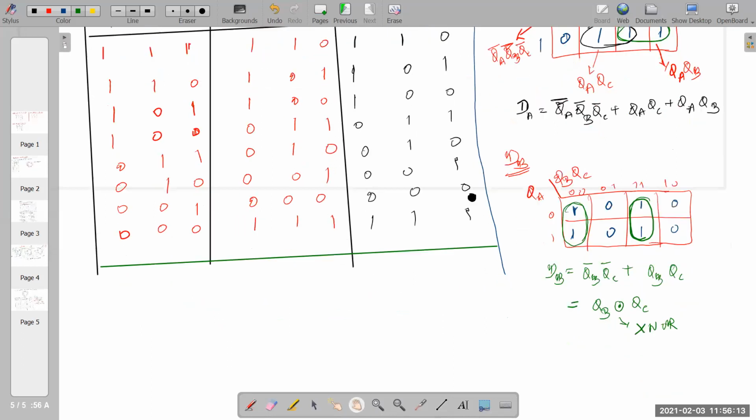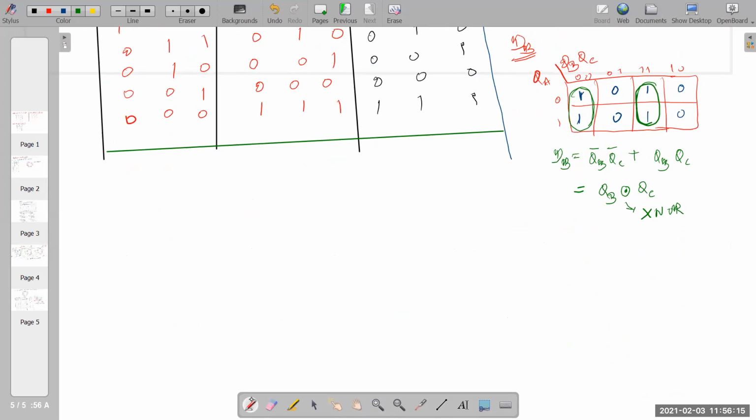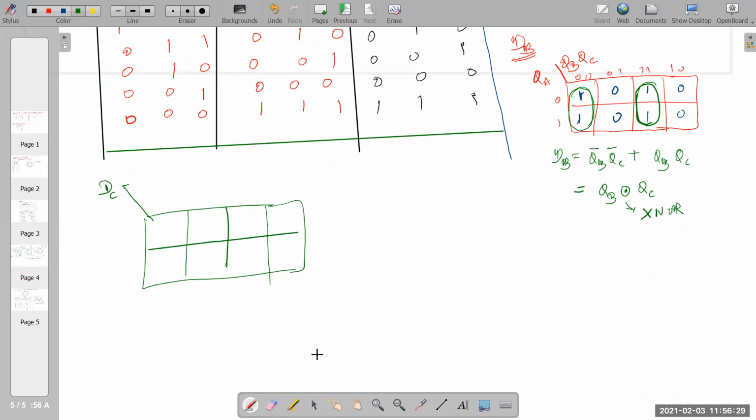DC. QA, QB, QC, 0 0 0 1 1 1 1 0 0 1. Try to fill it up.